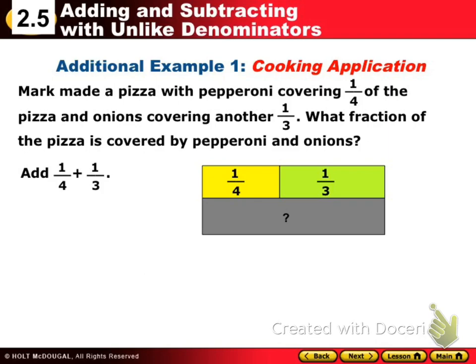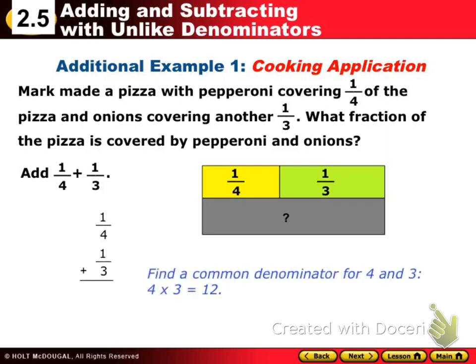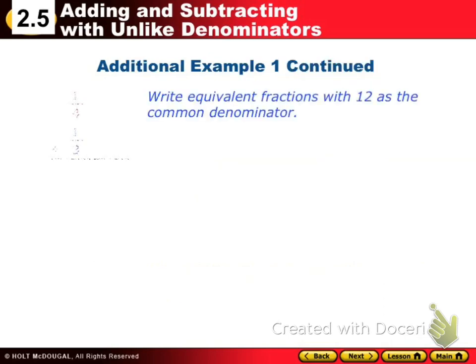You look at the 4 and the 3, and you can find that the least common denominator is 12. So we want to rewrite the fractions with a denominator of 12. How did we get this one to be 12?